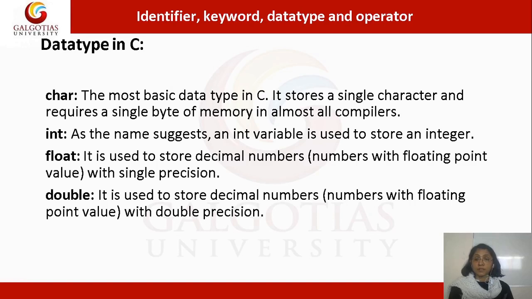Similarly, an int variable allows you to store an integer. Similarly, a float variable will allow you to store a floating point value with single precision, and double stores decimal numbers, or numbers with floating point value, with double precision.